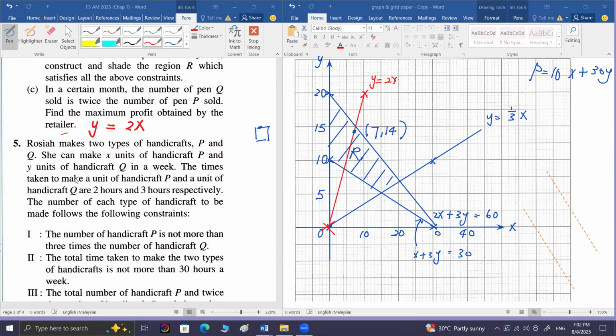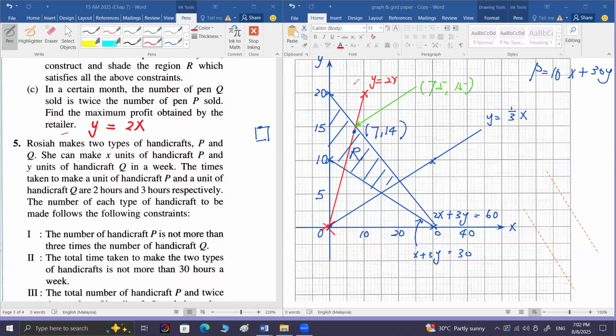Take note, I didn't choose this point because this point is 7.5 and 15. That is here, 2 times 7.5 is 15. So this point is not accepted because 7.5 cannot be used as a number of pens. Tak boleh. We don't say 7.5 pen. Got what I mean, class?